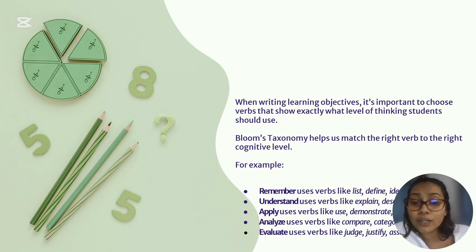When writing learning objectives, it is important to choose verbs that show exactly what level of thinking students should use. Bloom's taxonomy helps us to match the right verb to the right cognitive level. For example, remember uses verbs like list, define, identify. Understand uses verbs like explain, describe, summarize.